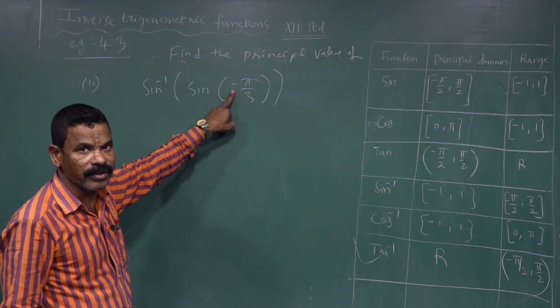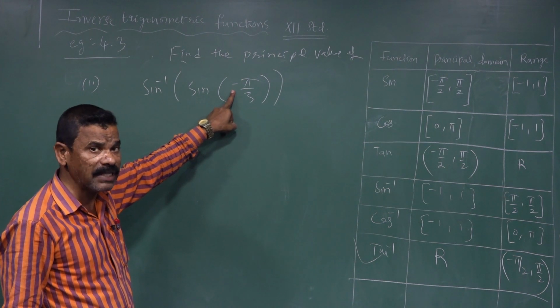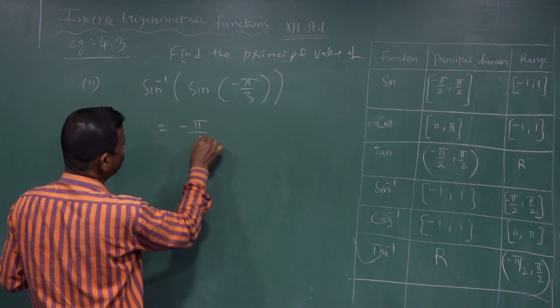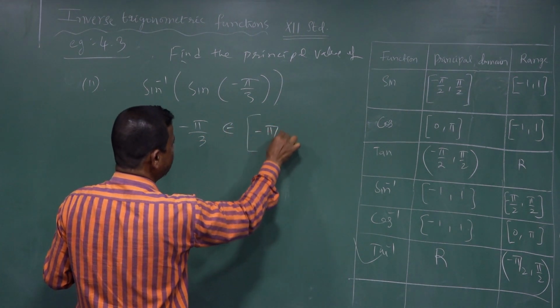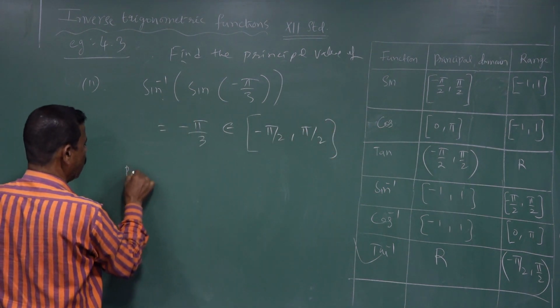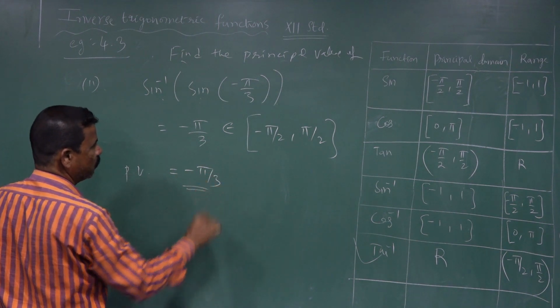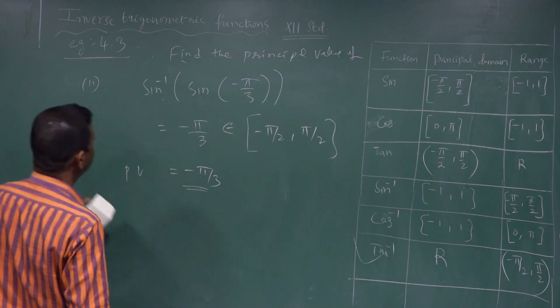Minus 60, which lies between minus 90 and plus 90. So we directly put the answer minus π by 3. This value belongs to minus 90 to plus 90. That's why the principal value of this is equal to minus π by 3. This much is enough. Next, another third problem.